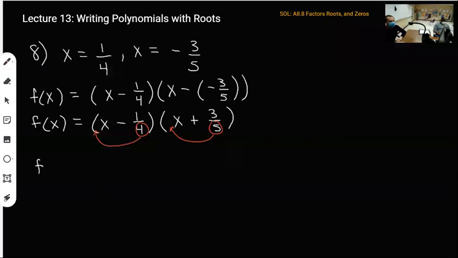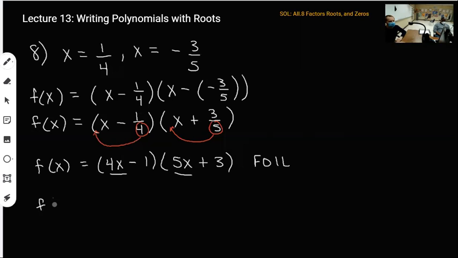So when I do that, I get f of x is equal to 4x minus 1 times 5x plus 3. Okay, and now I can do the FOIL method because I've got two binomials with two terms in each, right? So I can do the FOIL method.